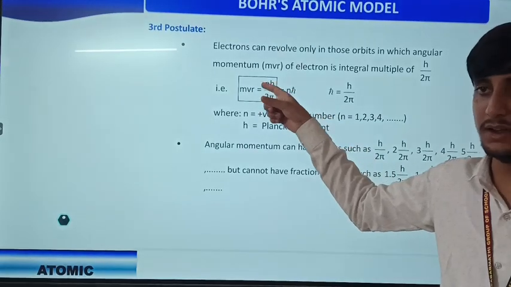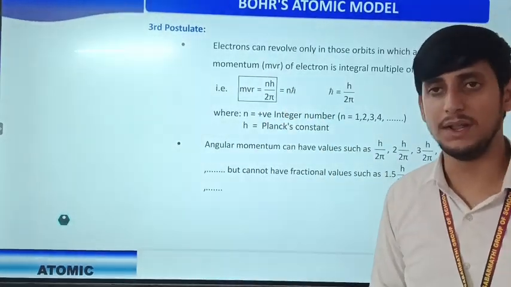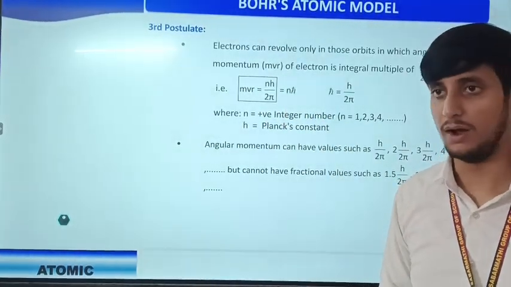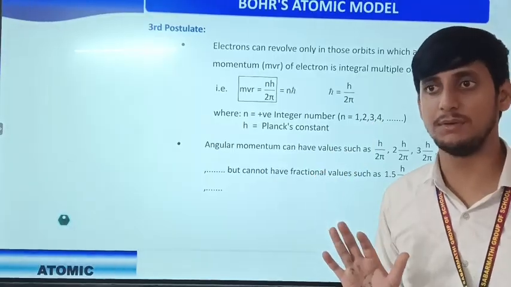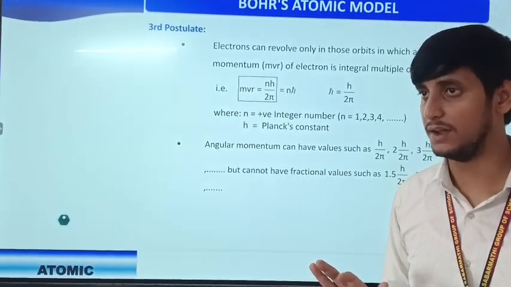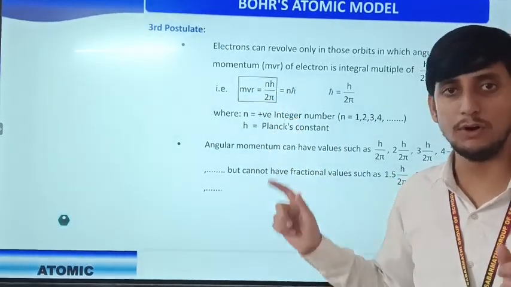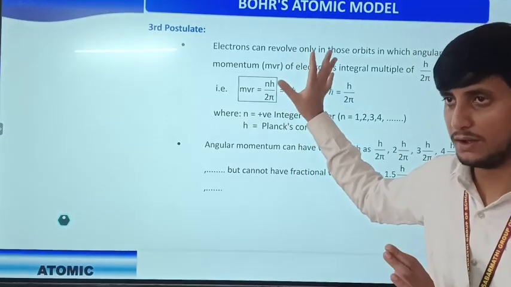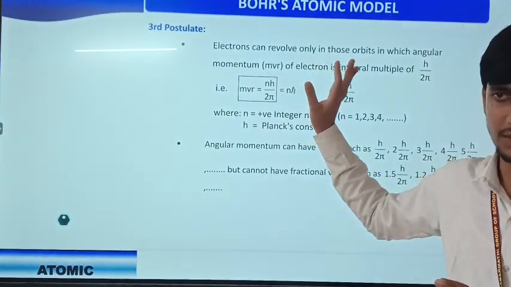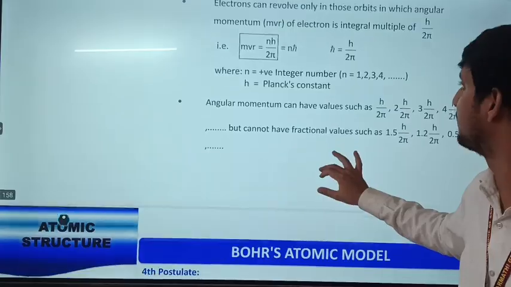Later this postulate became a demerit of Rutherford-Bohr's model, because he did not explain why electrons revolve with this angular momentum h upon 2 pi.